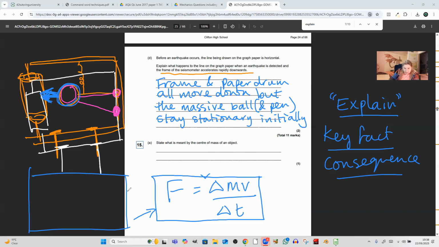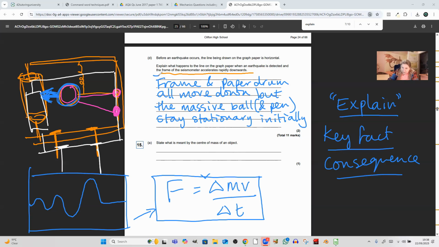It will draw a horizontal line, and then the drum will move up past it. So effectively, this will go woo, and then the ball will drop, and it will start doing wiggles like that. Okay, and that is what the seismometer trace looks like, and it's because the ball is bouncing then on the spring.